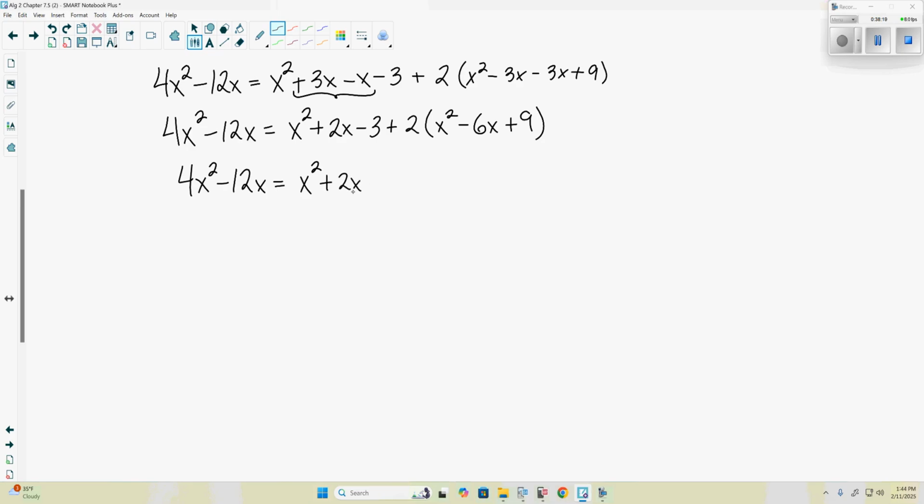Now we do have to distribute that 2. 2 times x squared is going to be plus 2x squared. 2 times negative 6 is negative 12x. And lastly, 2 times 9 is 18.